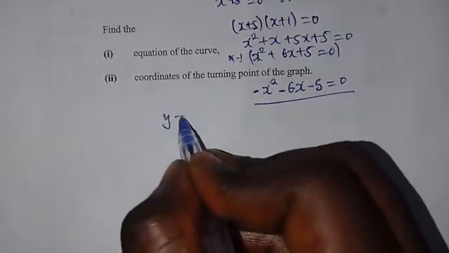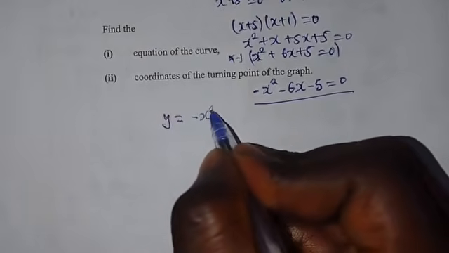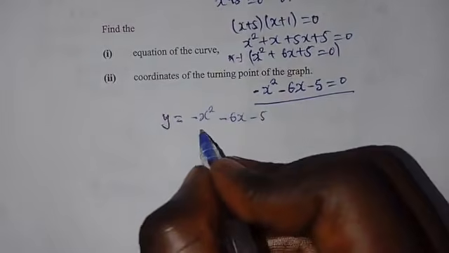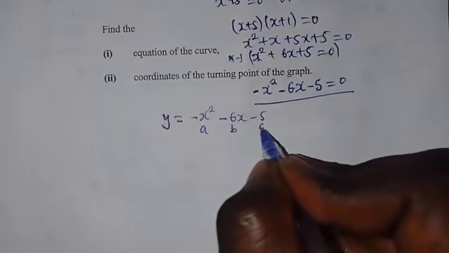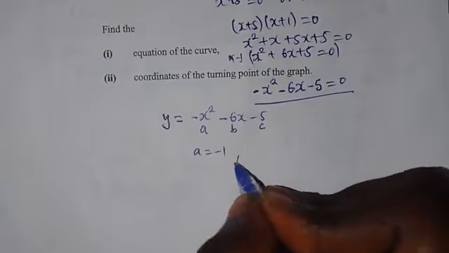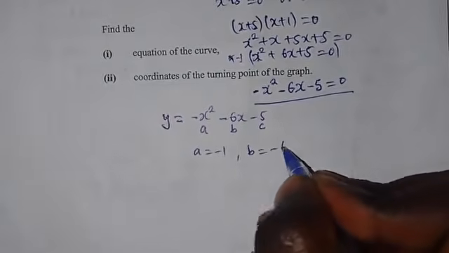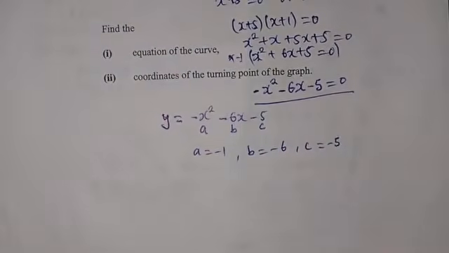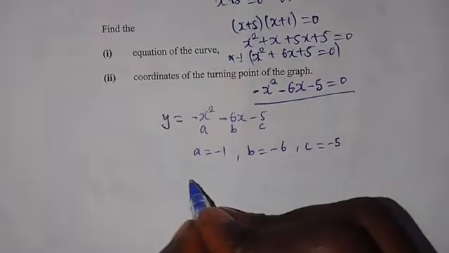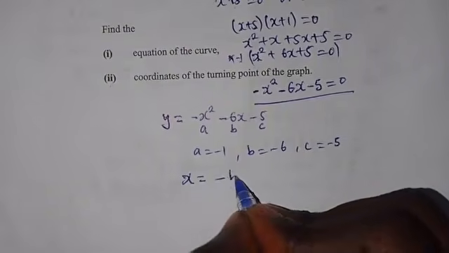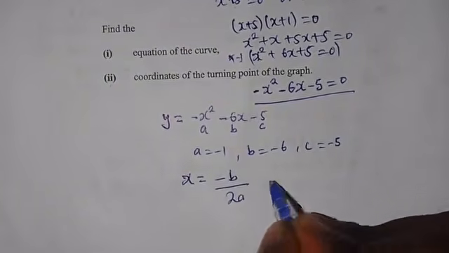We say y is equal to negative x squared minus 6x minus 5. We can say this is a, b, c. The coefficient of x squared, a, is equal to negative 1, then b is equal to negative 6, c is equal to negative 5. I'm going to start by finding the x coordinate. So x is equal to negative b over 2a.